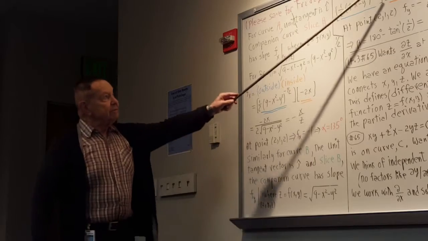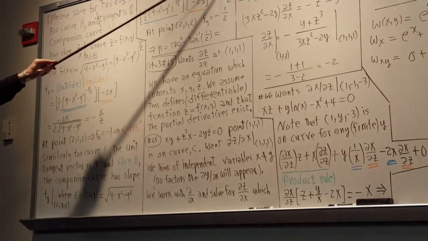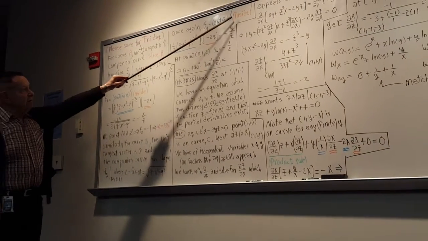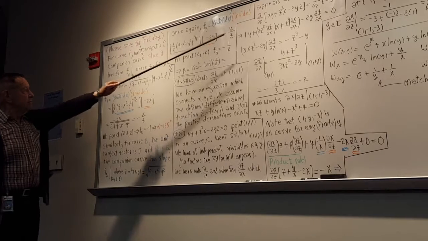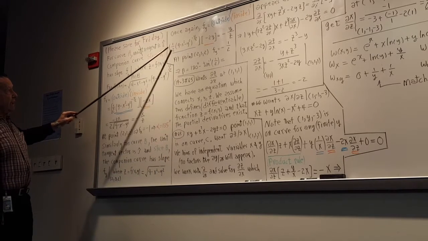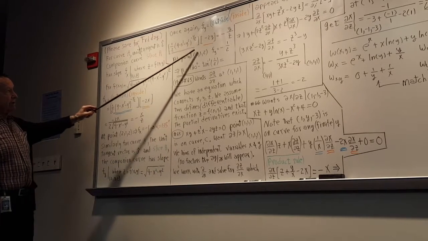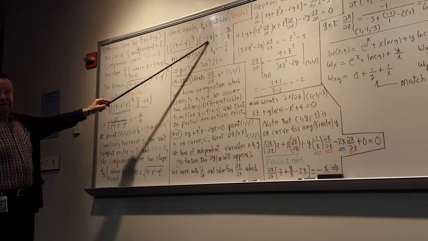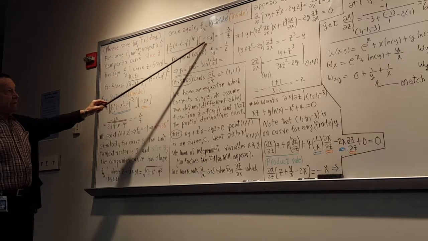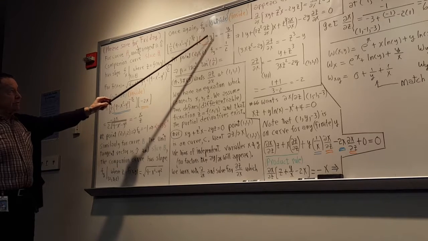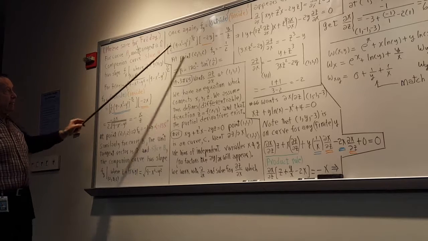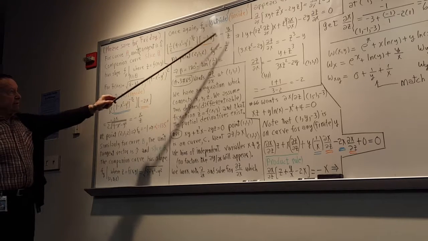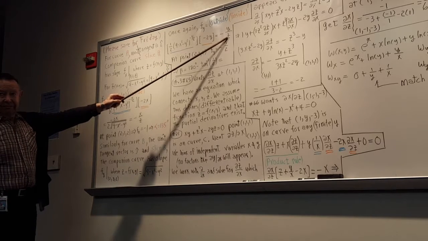So f sub y will be outside prime, inside prime. And so again, the outside prime is the same, and the inside prime is minus 2y, the derivative of y squared. And the 2, so this is minus 2y over 2z, or minus y over z.